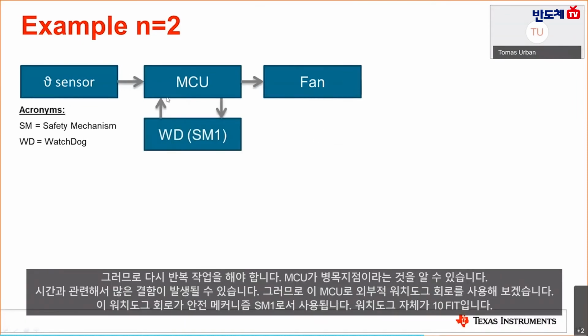As we've seen, the MCU is probably the bottleneck. It has a lot of failures in time. So we will equip this MCU with an external watchdog circuit. And this watchdog circuit serves as a safety mechanism, SM1, which itself has 10 FIT as a chip.